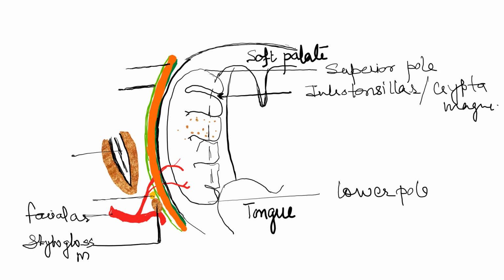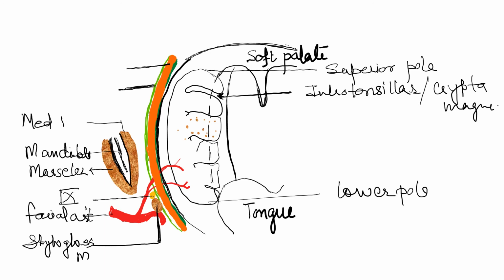Facial artery will be in the lateral relation, the ninth nerve, the mandible, the masseter, then this is the medial pterygoid. Okay, then this is the buccopharyngeal fascia, and this one is the superior constrictor muscle.